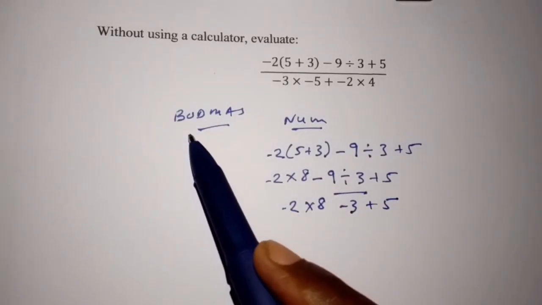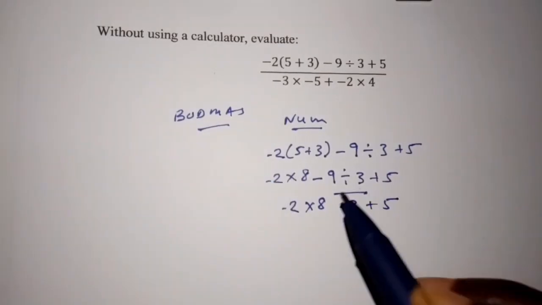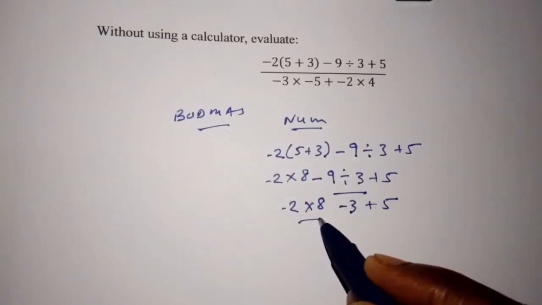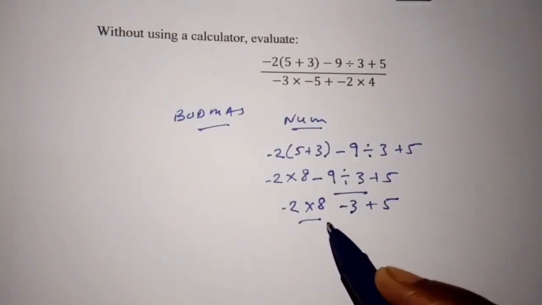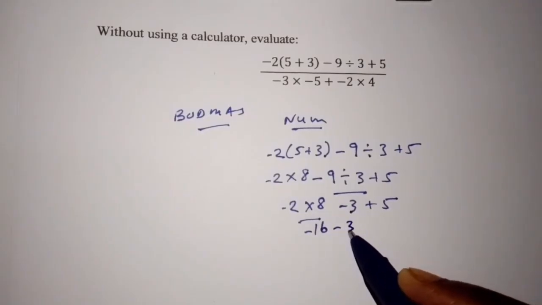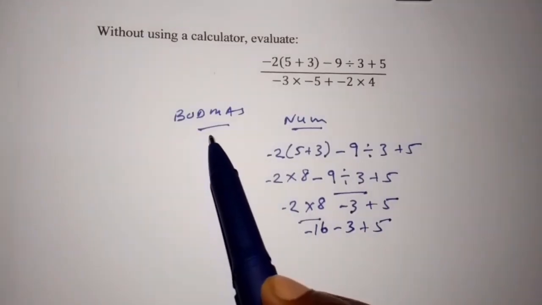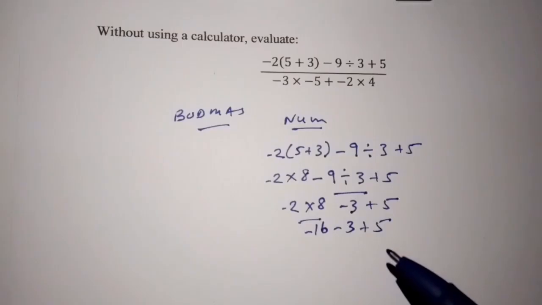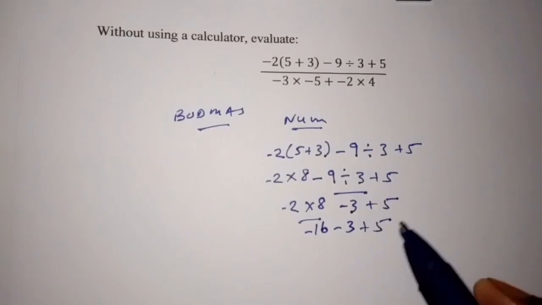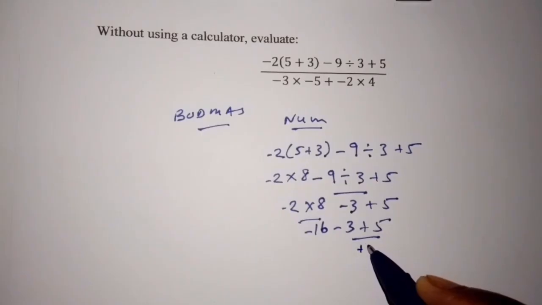BODMAS: brackets, division, multiplication. Multiplication is -2 times 8, which is -16. -16 minus 3 plus 5. Then addition. -3 plus 5 is 2.